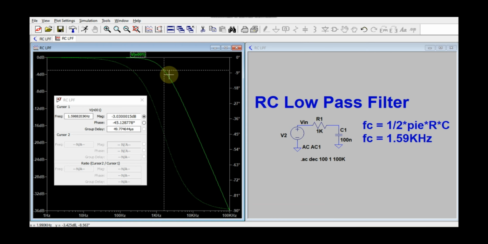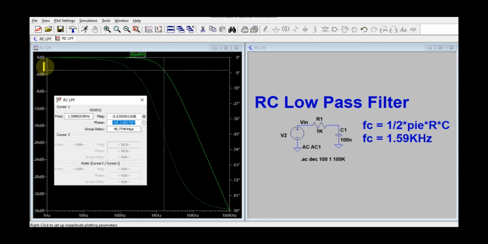Then it continuously starts decaying. Okay, so this is the magnitude plot, and if you talk about the phase plot, at the corner frequency 1.59 kilohertz you can see your phase angle is minus 45 degrees. That's what we have already seen in the theory, right?